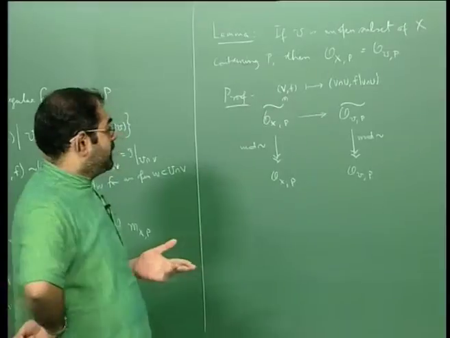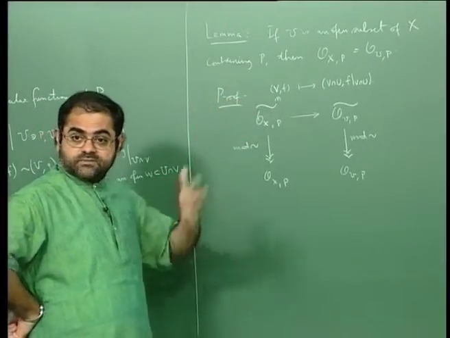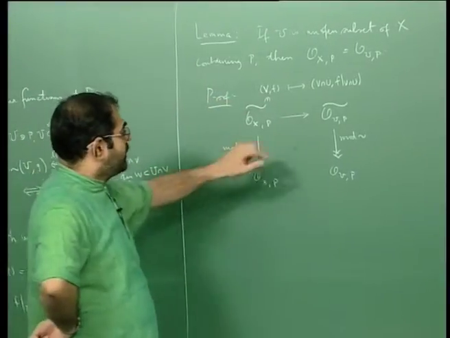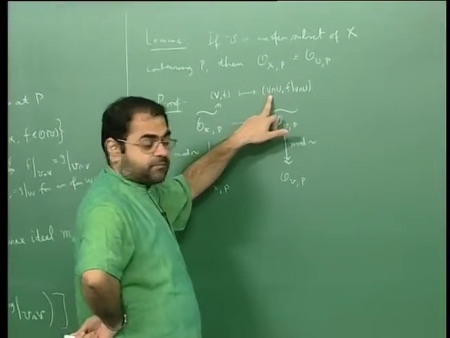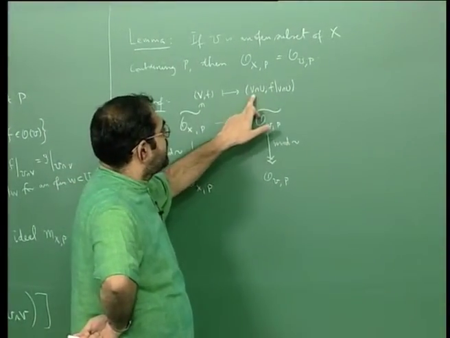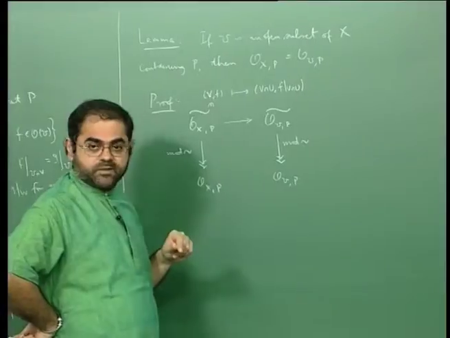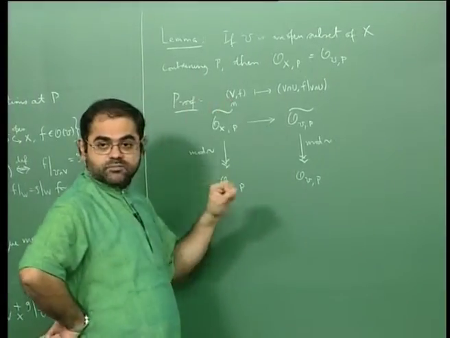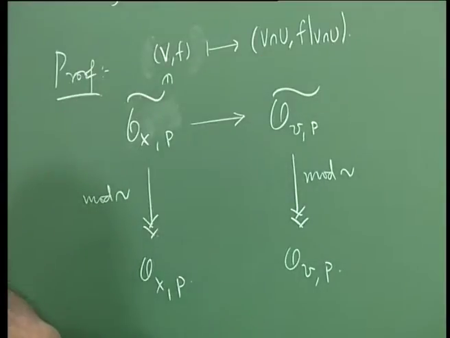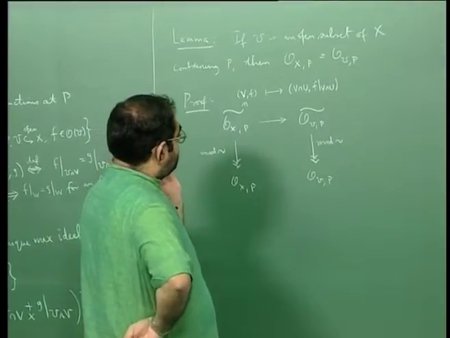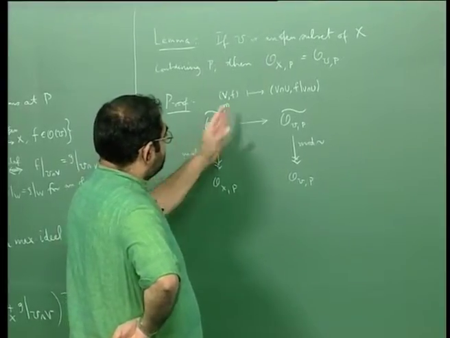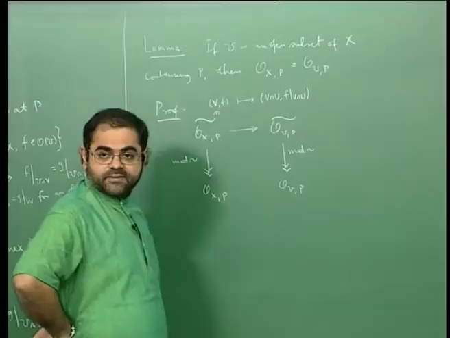That is the coarseness of the Zariski topology. So there will always be an intersection, and of course the intersection will contain the point P because P is already in U, P is also in V, so P is in V intersection U, and so this is a well defined map like this, alright.